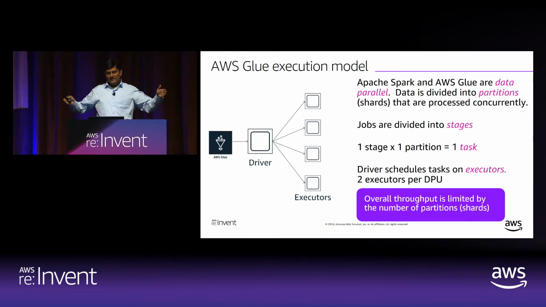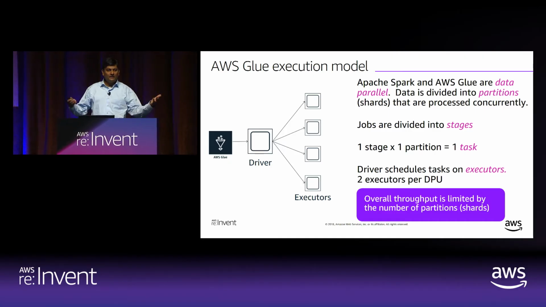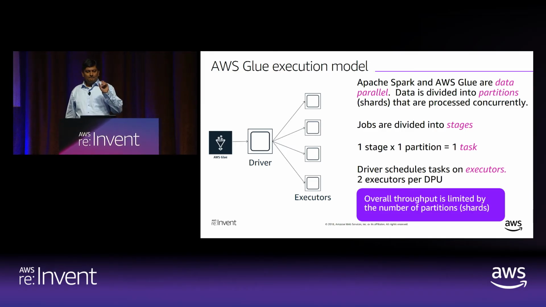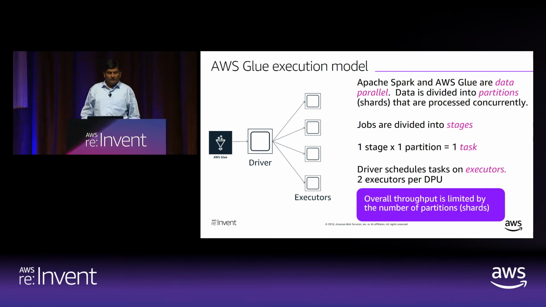You take a table, for example, and break it up into 100 partitions, or take a table and break it up into 1,000 partitions, just depending on how many partitions you have. It's a data parallel processing system, so these shards can be processed all at the same time in parallel. For each stage and each partition, Spark has a task.